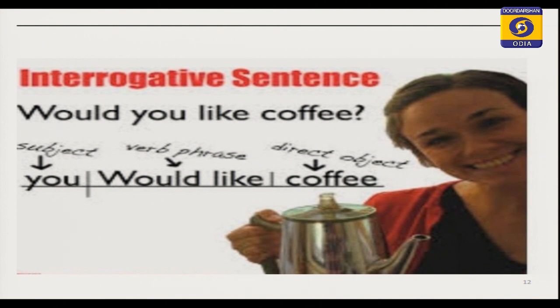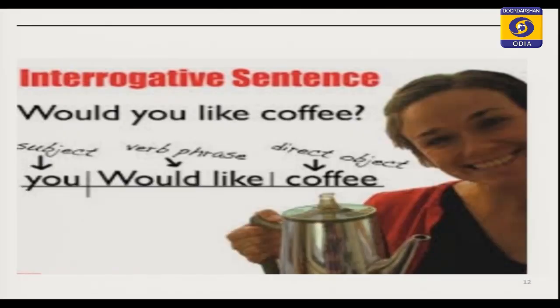Would like is the verb, and you comes before the verb. And as I have told you, in a declarative sentence, the subject comes before the verb. So what is the subject here? The subject is you.